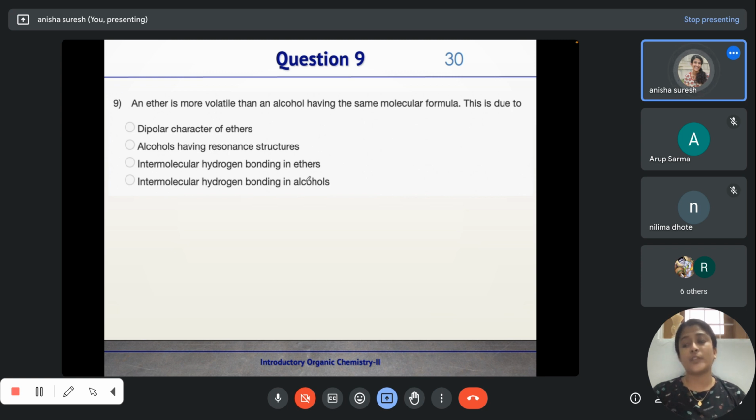What is the reason for the same? Option 4. Yes, intermolecular hydrogen bonding in alcohols. So alcohols will be having R-O-H, which can result in hydrogen bonding.